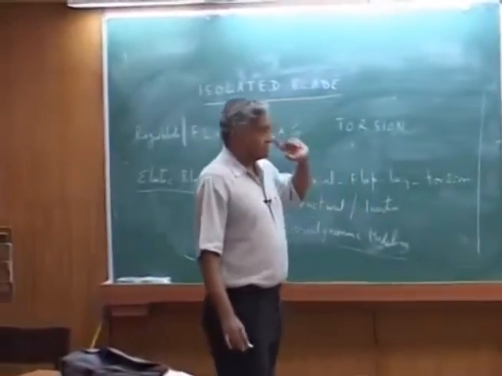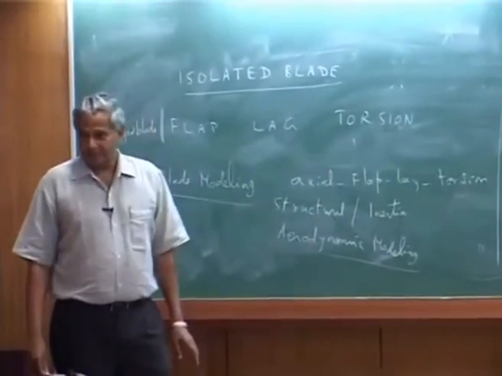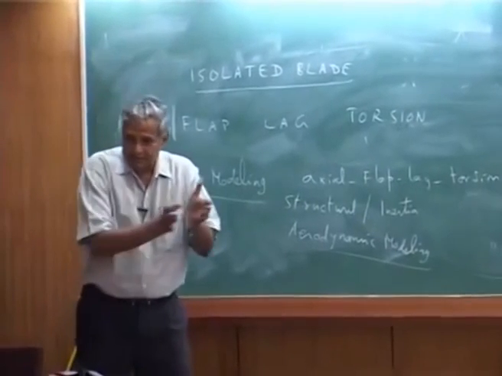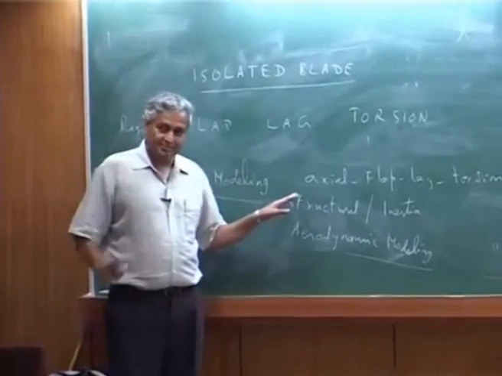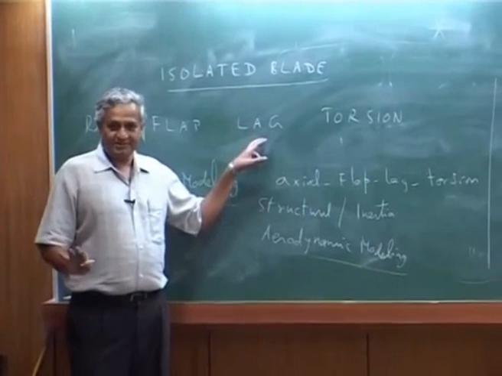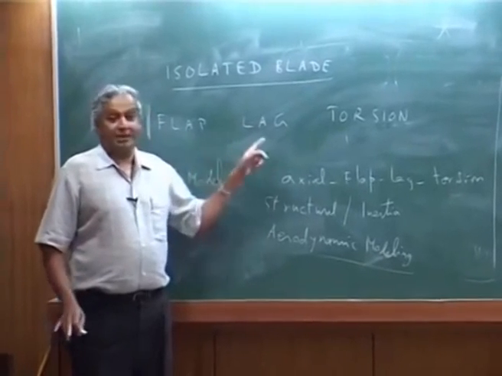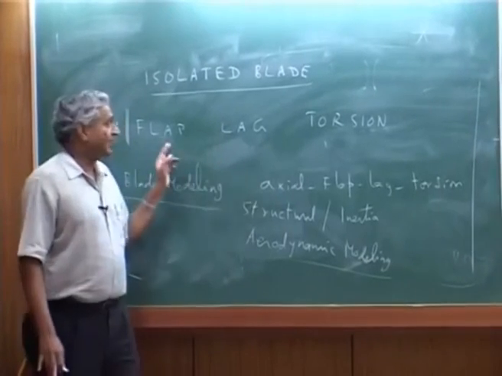When I talk about rotary wing aeroelasticity, I have flap lag torsion. The initial development, if you see, was not done with an elastic blade. It was a rigid blade, but with flap lag combined. Then flap torsion.